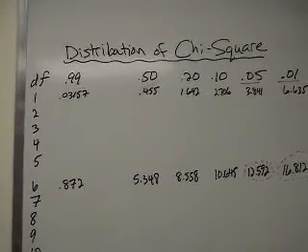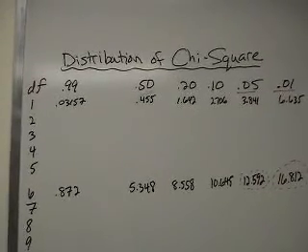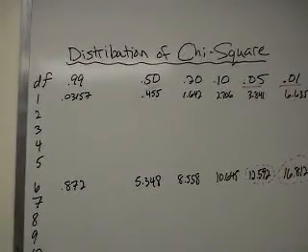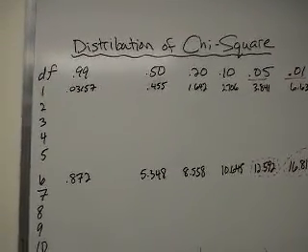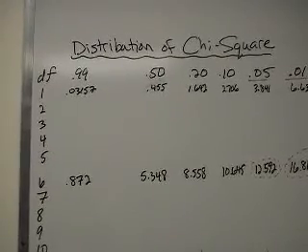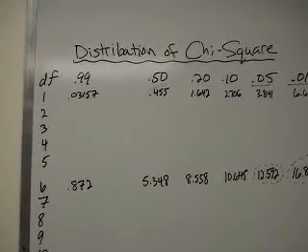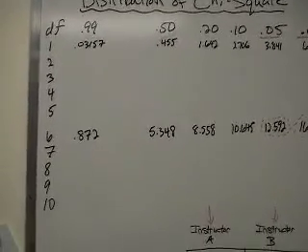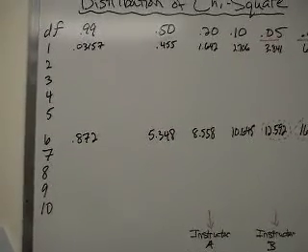So now if you look in your Appendix D, you have the distribution of chi-square. I've recreated a small portion of the table, but you can see on the left-hand side you have your degrees of freedom going down from 1 all the way to 10, and it goes further in the actual table.